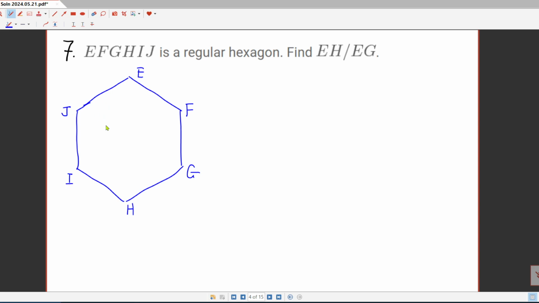And we know that by symmetry, the long diagonal EH, which is this side, bisects angle FEJ.